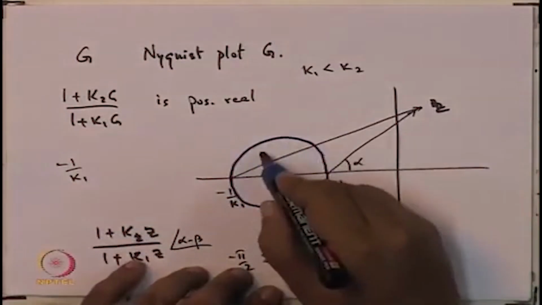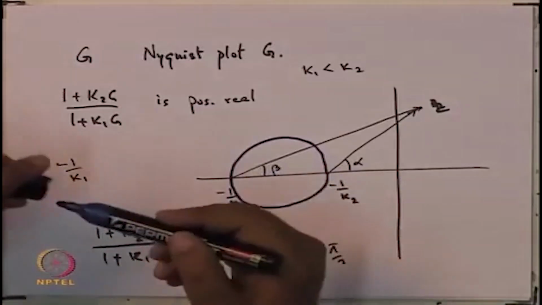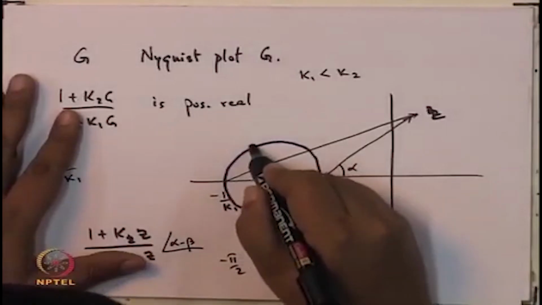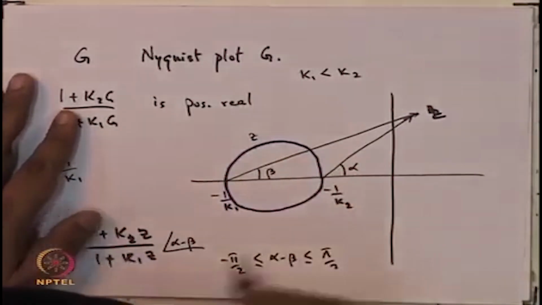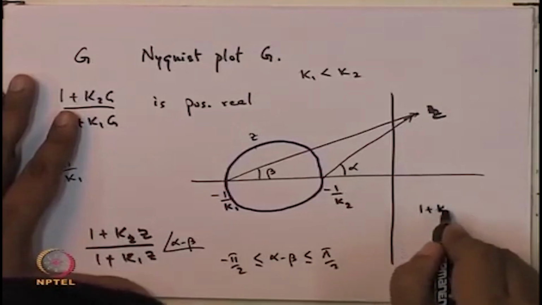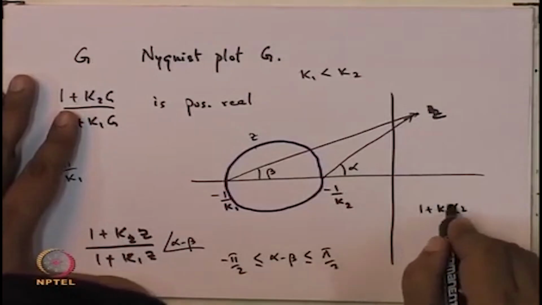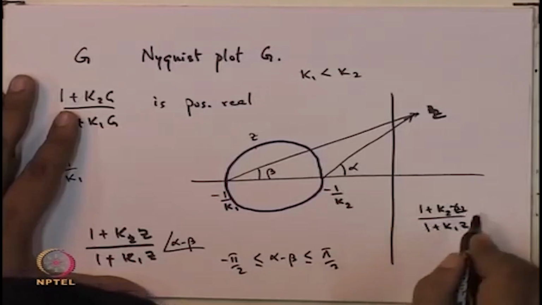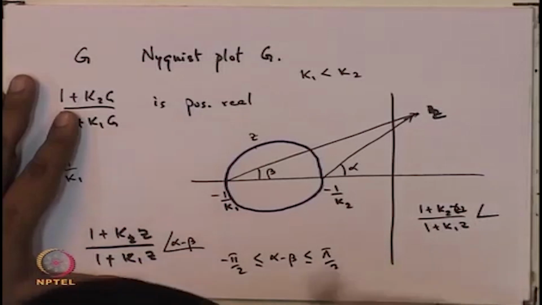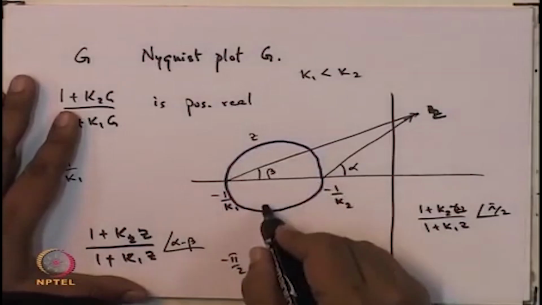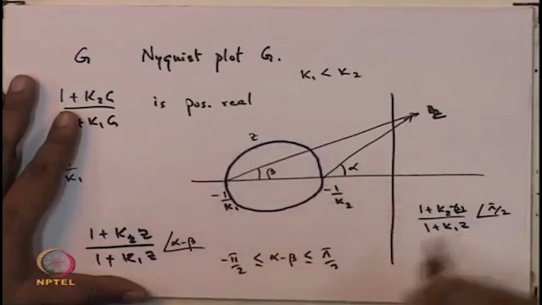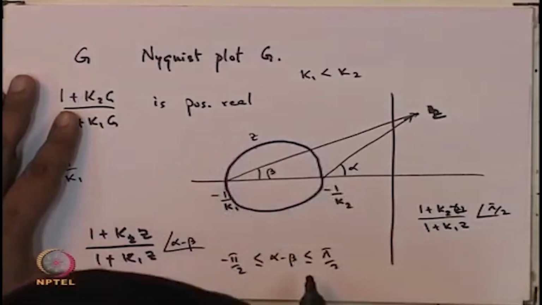Now, along the boundary of the circle, if you take any point z, then 1 plus K2z upon 1 plus K1z has an angle which is precisely pi by 2. Yeah, pi by 2 if it is in the upper semicircle, and minus pi by 2 if it is in the lower semicircle.